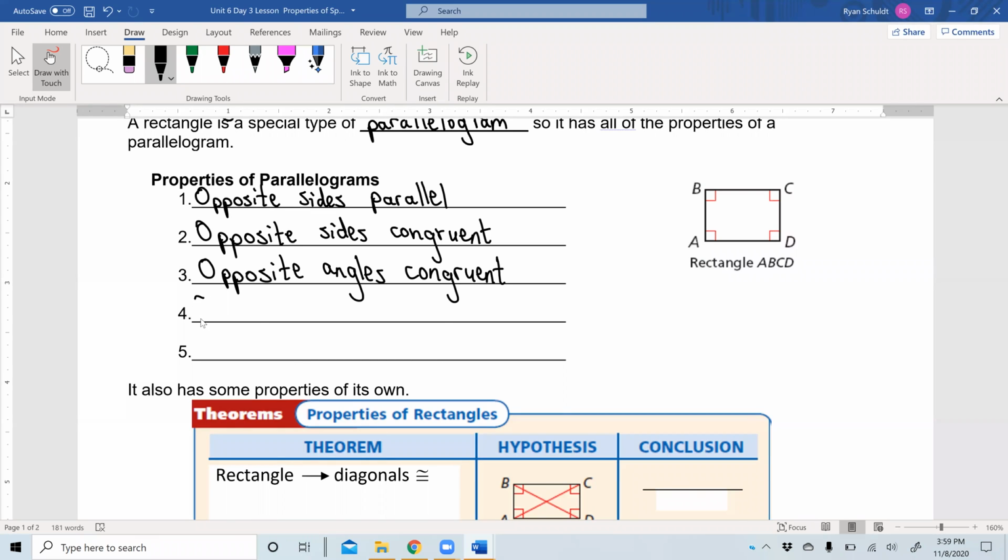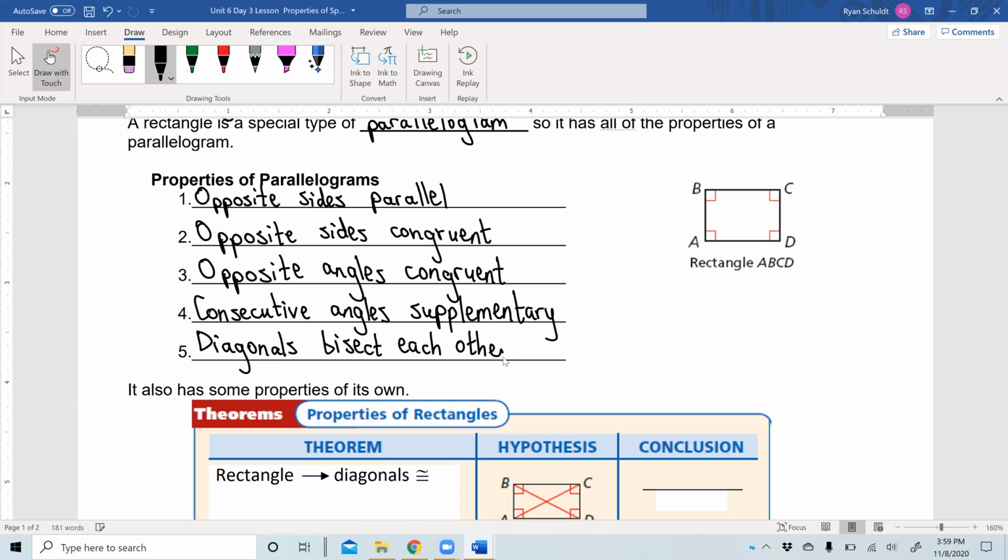Consecutive angles are supplementary. And last but not least, what do we have? Diagonals bisect each other. Okay, so those are our properties.